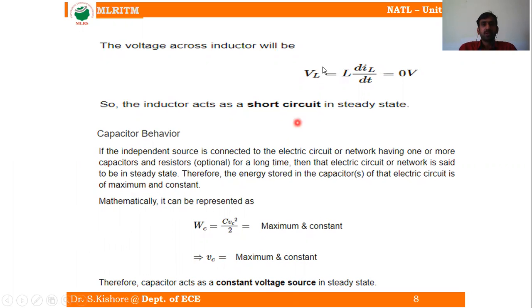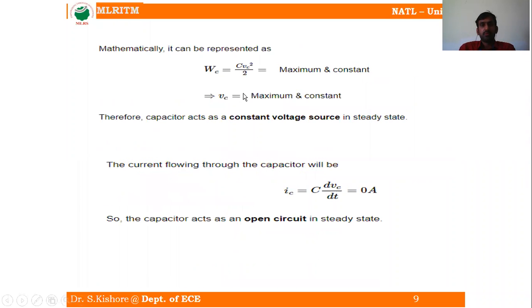Now, if we go to the next slide, the same thing: what is the current flowing through the capacitor? IC is equal to C dVc by dt.